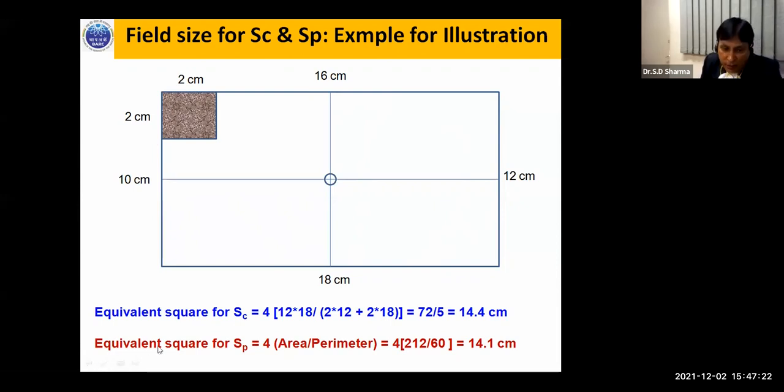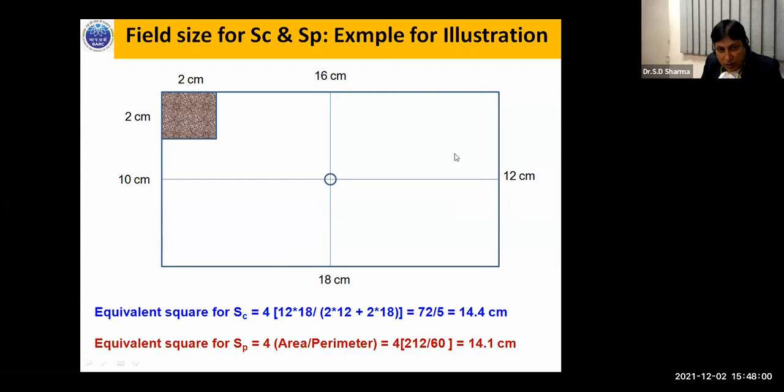But in case of phantom scatter, this will play a role because this is the region which is not generating the scatter in the phantom. So this has to be removed from the calculation. So accordingly, when you find out the area of the remaining field, the area can be calculated either by converting it to the equivalent square, taking all the block as well.